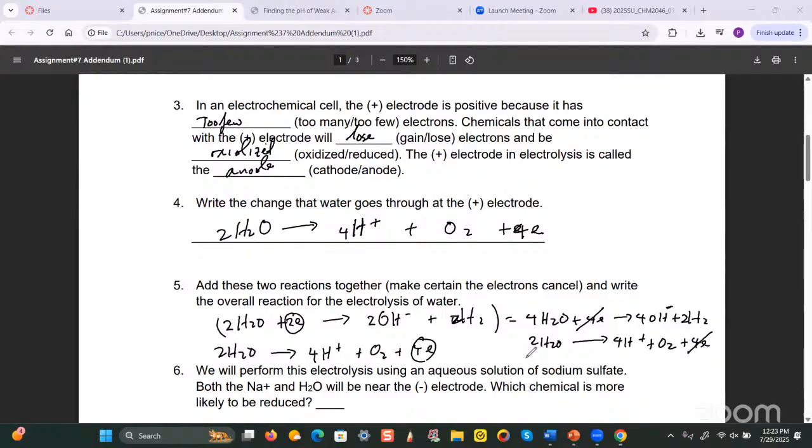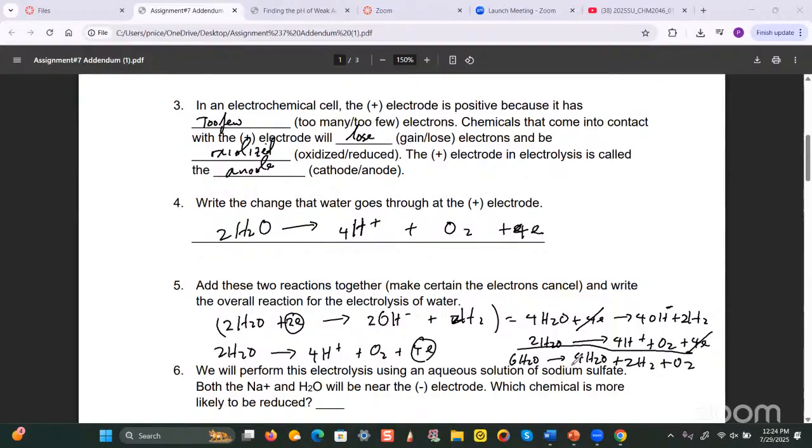Now there's one thing I should mention here. These water molecules on the same side would add up, so you're going to end up with 6 H2O. On the product side, these 4 hydroxide ions will add to 4 H plus ions to get 4 H2O, and then you're going to have plus 2 H2 plus O2.